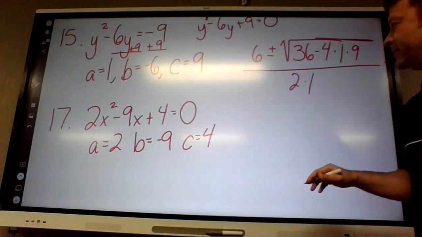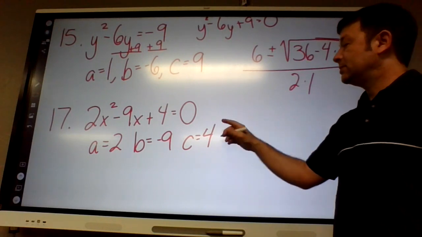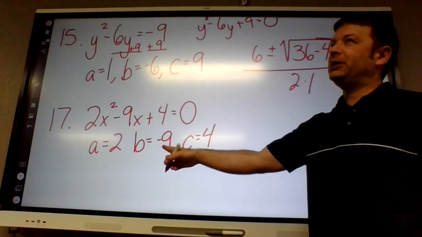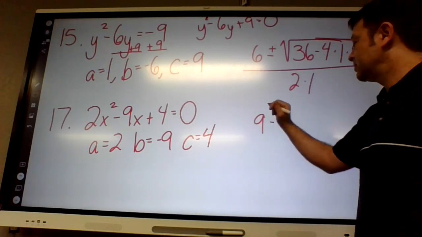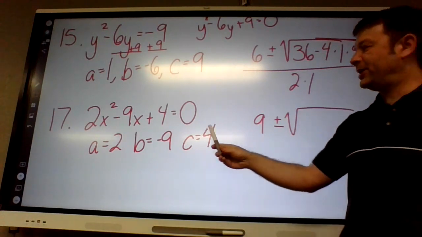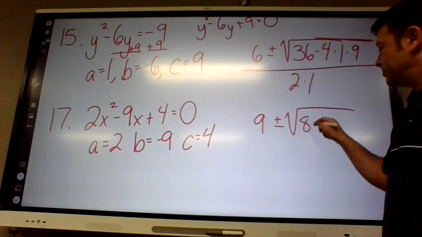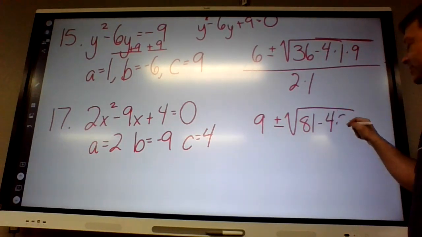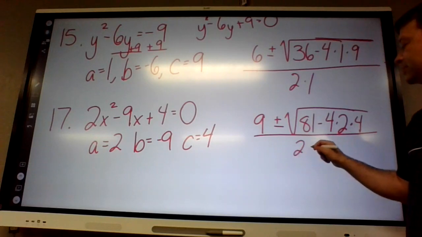So what's negative B going to be? Negative B is positive 9, plus or minus the square root of B squared. What's B squared? 81. Minus 4 times A times C, over 2 times A.